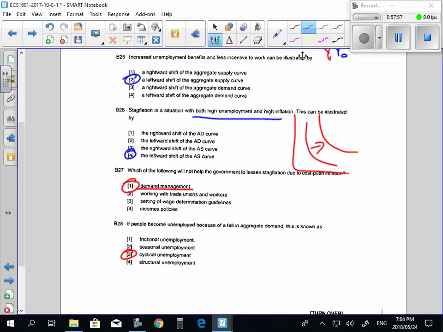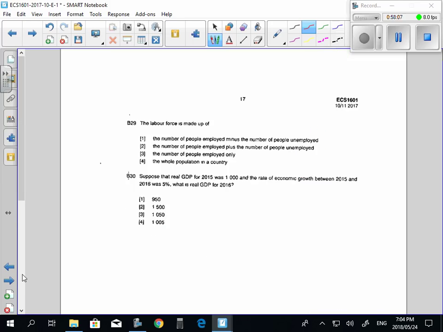You need to know your 4 different types of unemployment. 29. The labor force is made up of the number of people employed plus the number of people that are unemployed. And the number of employed plus unemployed is equal to your labor force or your economically active population. They mean the same thing.